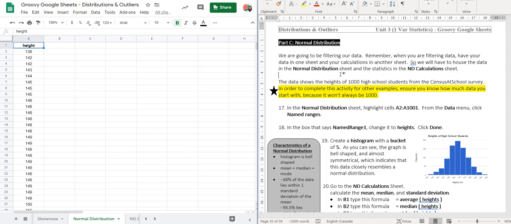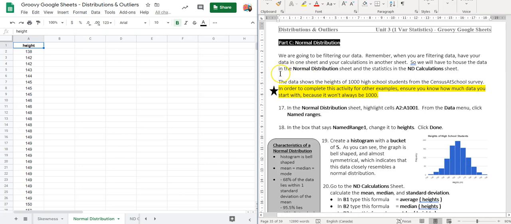The second is if the skewness is 0 or close to 0. The third is if the graph is a bell shape.